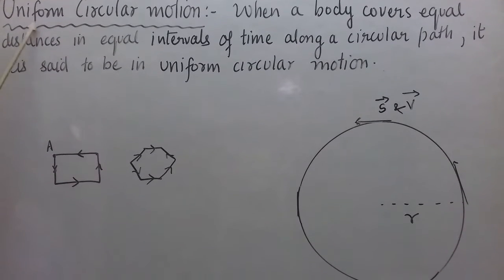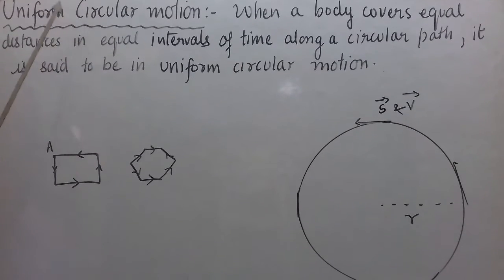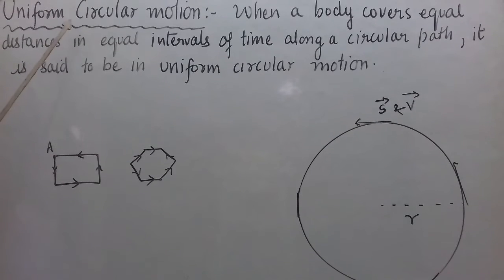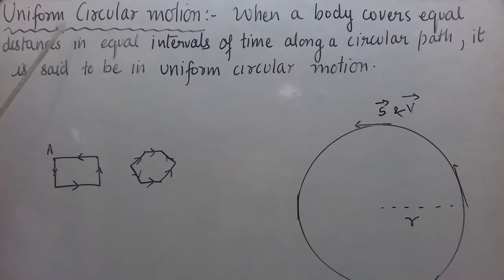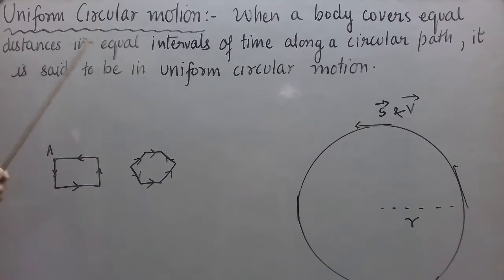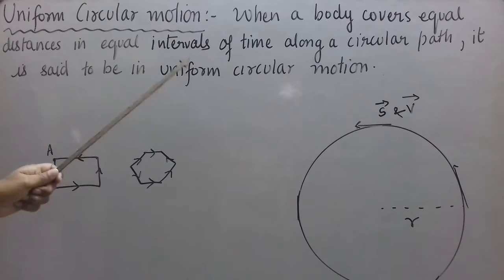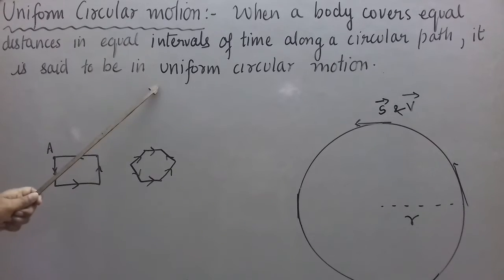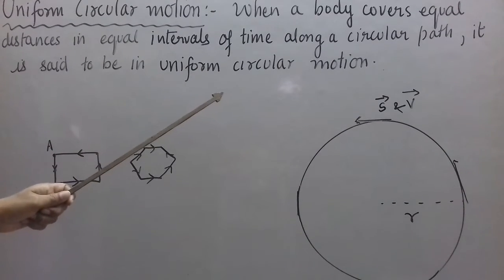Now, uniform circular motion means that a body is moving along a circular path, but it is also covering equal distances in equal intervals of time. So you can write, when a body covers equal distances in equal intervals of time along a circular path, it is said to be in uniform circular motion.